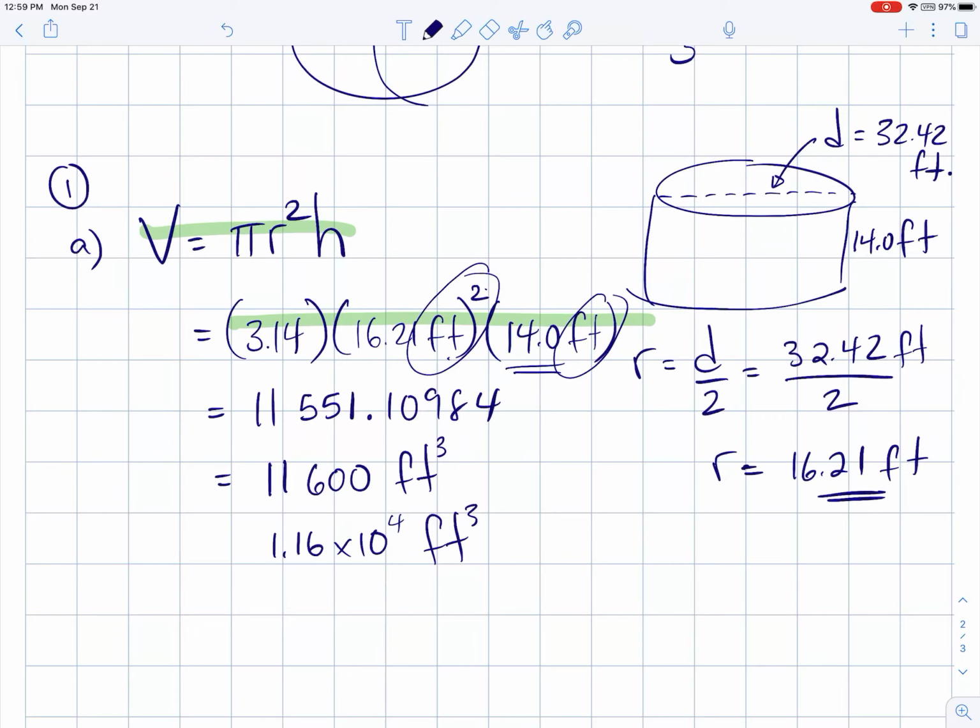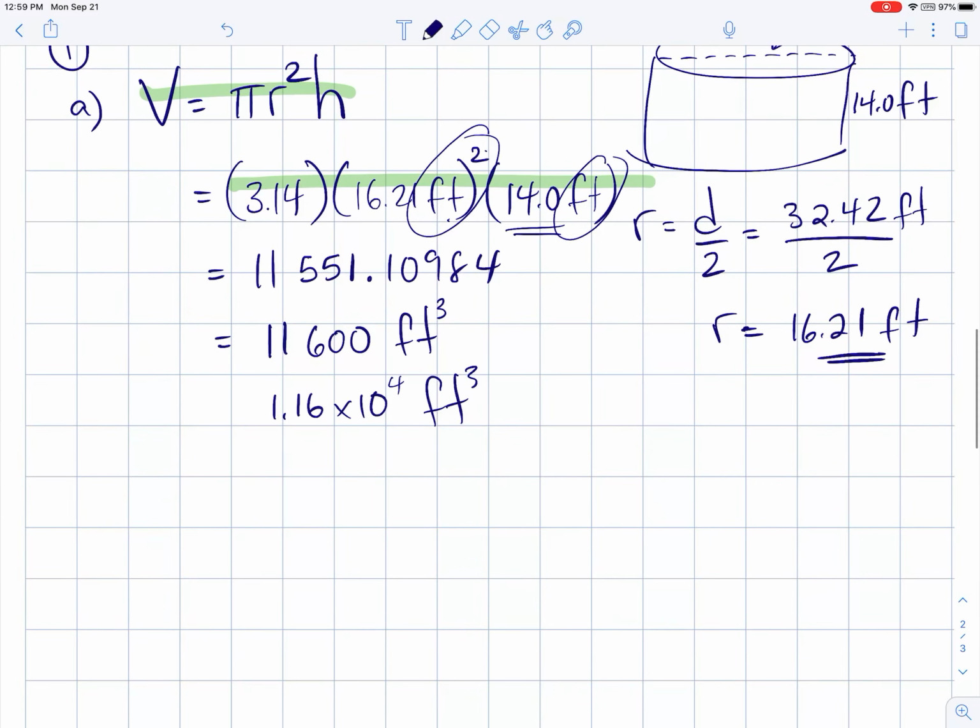So for example, cubic centimeter, cubic meter, cubic inches, cubic feet. Those are all volumes. If you take the square of a distance unit, if you have square feet, square meters, those are areas. So you could have just argued I've calculated a volume, so its units are going to be cubic feet.